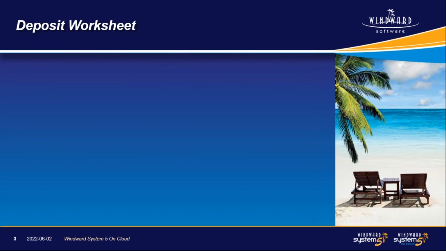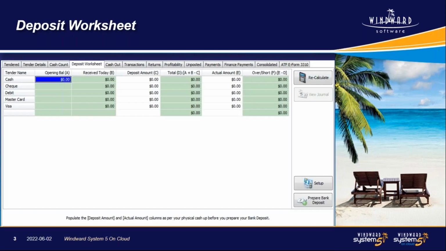And the deposit worksheet is where the data gathered in the point of sale transaction report goes. The opening balance column, or the balance carried forward from the previous point of sale transaction report, displays the value in column E from the previous day's transaction report.